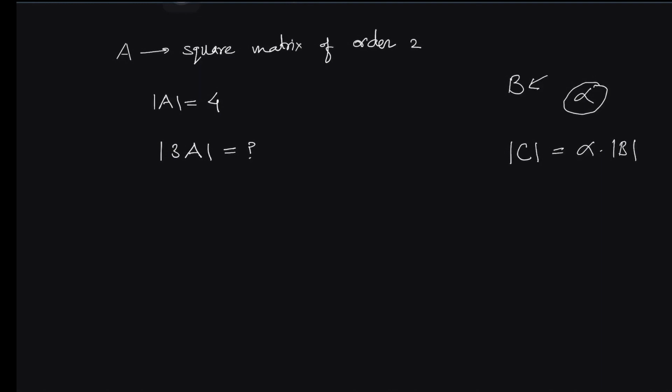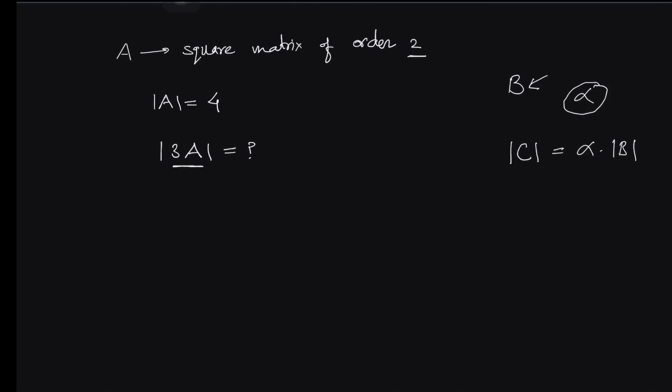But here, 3A means we are multiplying each row of the matrix by 3. Because matrix A is of order 2, 3 will multiply in 2 rows.